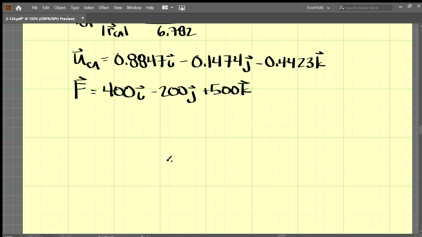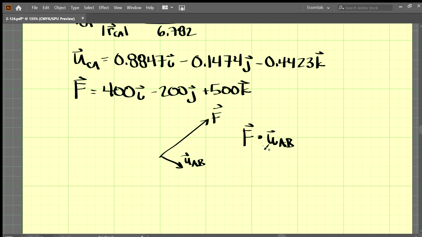To simplify this and give you more understanding, if we had a vector F and we were looking for the component of this vector along, let's say, the unit vector AB, we would do nothing other than take the scalar product, or dot product, F dot UAB.